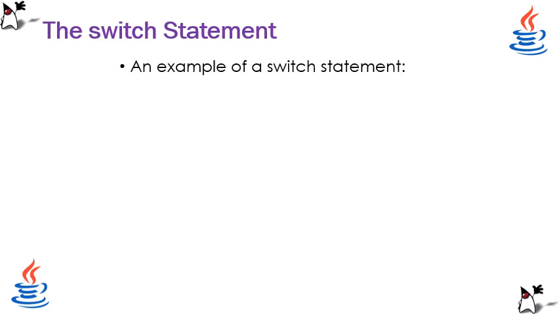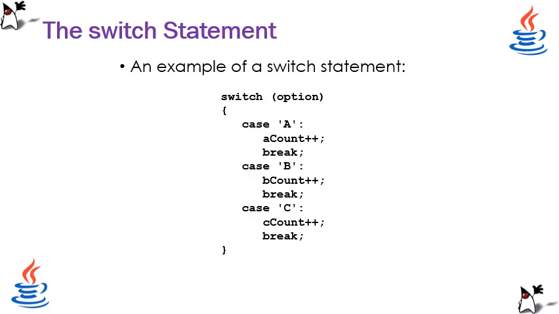This is an example switch statement. This switch statement functions as follows. Based on the value of option, either case A or case B or case C will execute. Suppose case A executes, that is, if option is equal to A, then A count variable is incremented, and because of this break statement, it comes to the end of the switch statement.